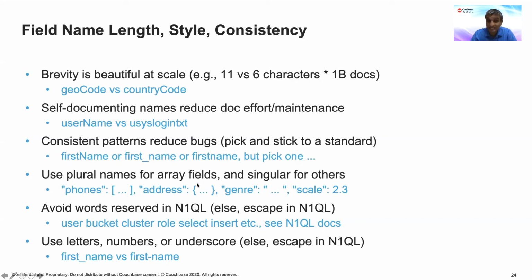Keep the rest singular, like address, genre. Scalars are all singular. Avoid using reserved words. Avoid using numbers or hyphens. It's not that it won't work, it's just that you'll have to enclose them using backticks. Then it becomes a hassle every time.